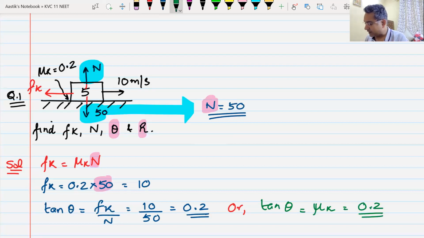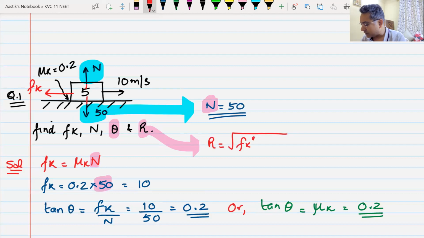So I've calculated that. What remains is to find out the value of R. How do I get the value of R? We know the formula for this reaction force R. This reaction force R is the square root of Fk squared plus N squared. I've already found out the value of Fk. That is 10 squared plus 50 squared.